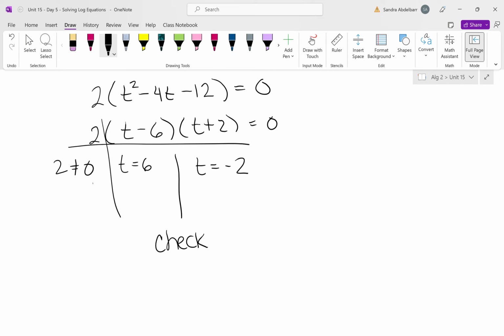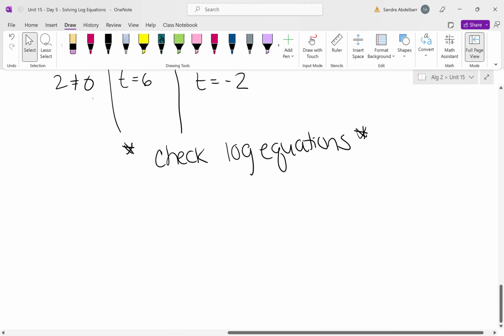Because aren't logs exponential equations, and don't we always have to check exponential solutions? So we have to check log equations. All right, so what does that mean?